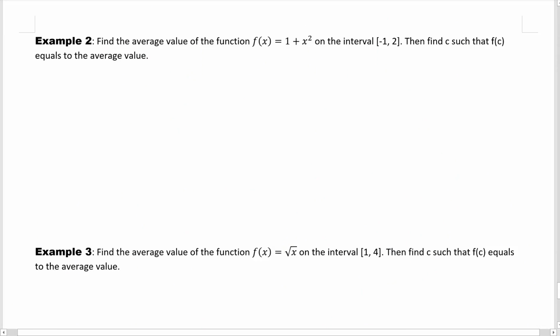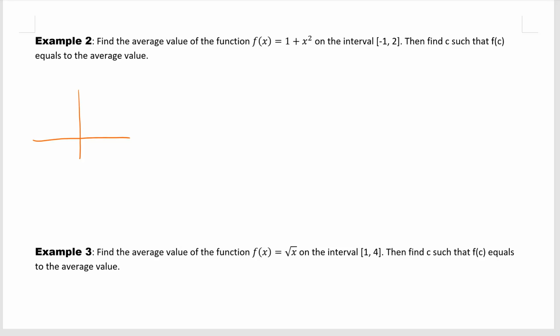Example 2: find the average value of the function f of x equals 1 plus x squared on the interval minus 1 to 2, and then find c such that f of c equals the average value. Let's draw a picture. x squared plus 1 is a parabola.